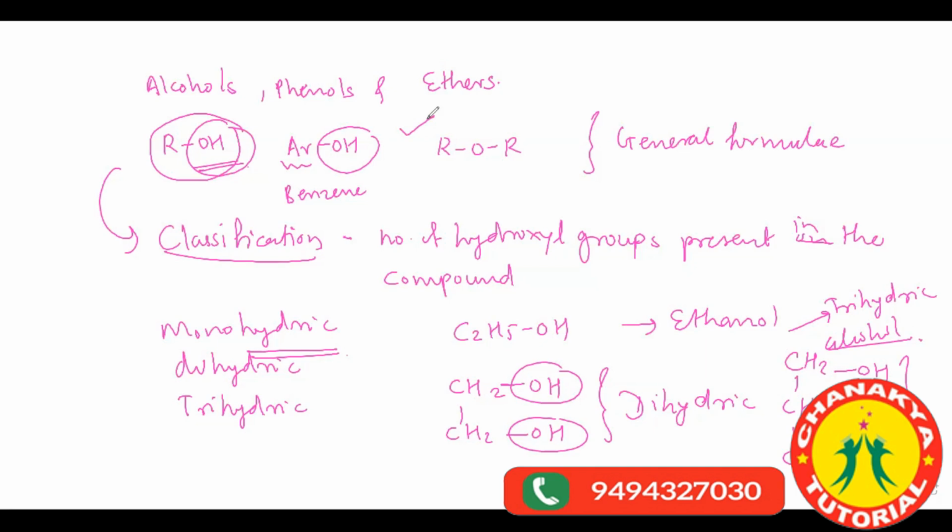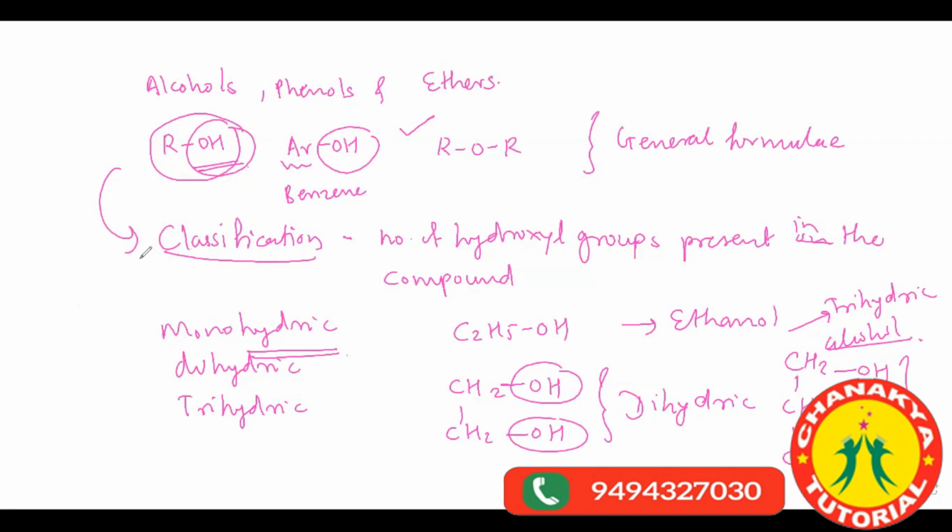Sodium salt of ester. That is the process of making soap, isn't it? Are you able to recall it or not? Yes, ma'am. So those would be trihydric alcohol. If there is only one OH, mono. If there are two OH, that would be di. Clear?